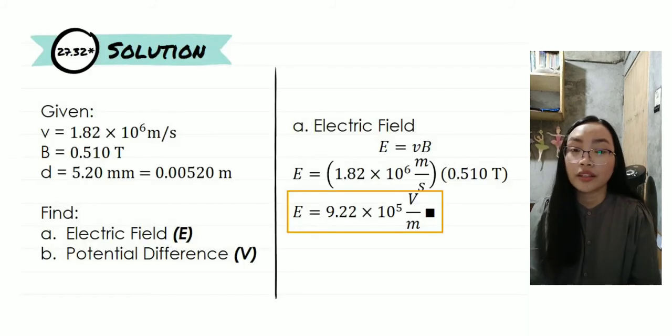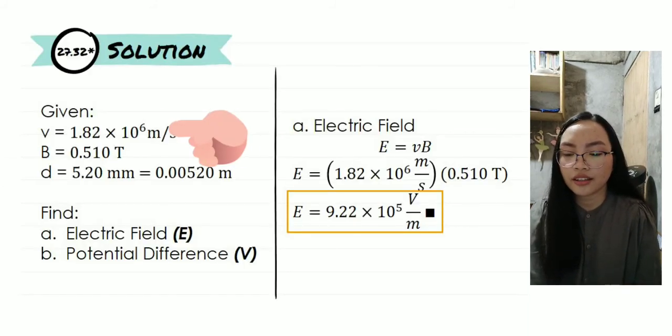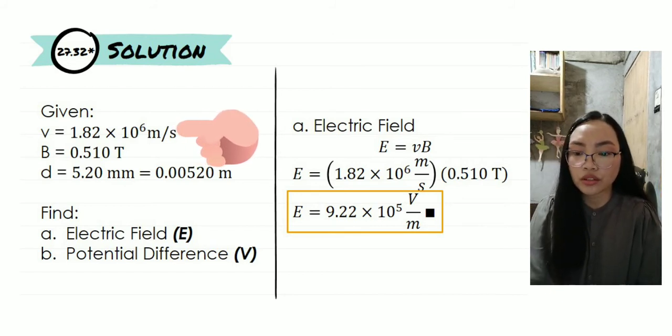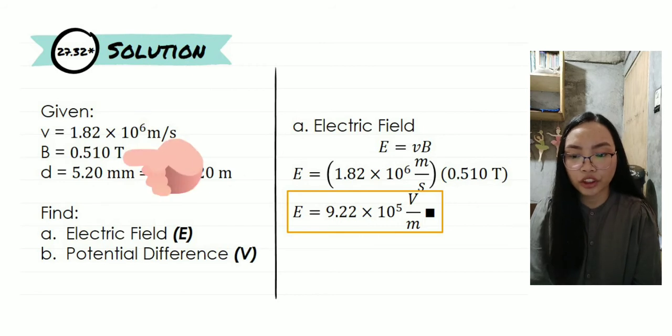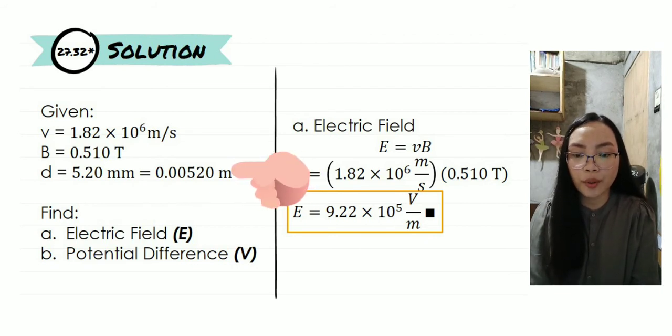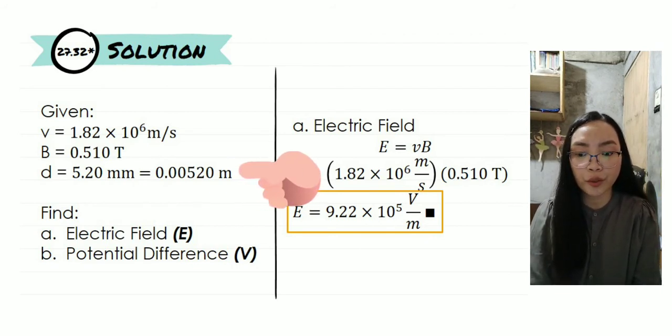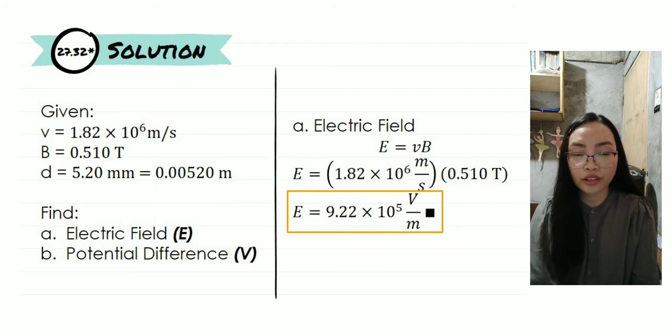So, the given are the speed, which is equal to 1.82 times 10 to the 6 meters per second, the magnetic field, which is equal to 0.510 Tesla, and the distance, which is equal to 0.00520 meters.